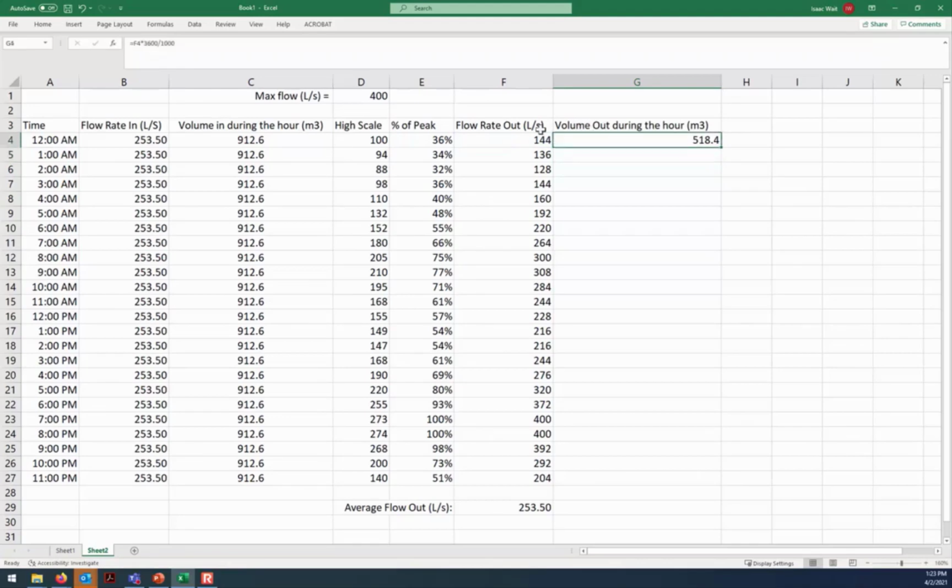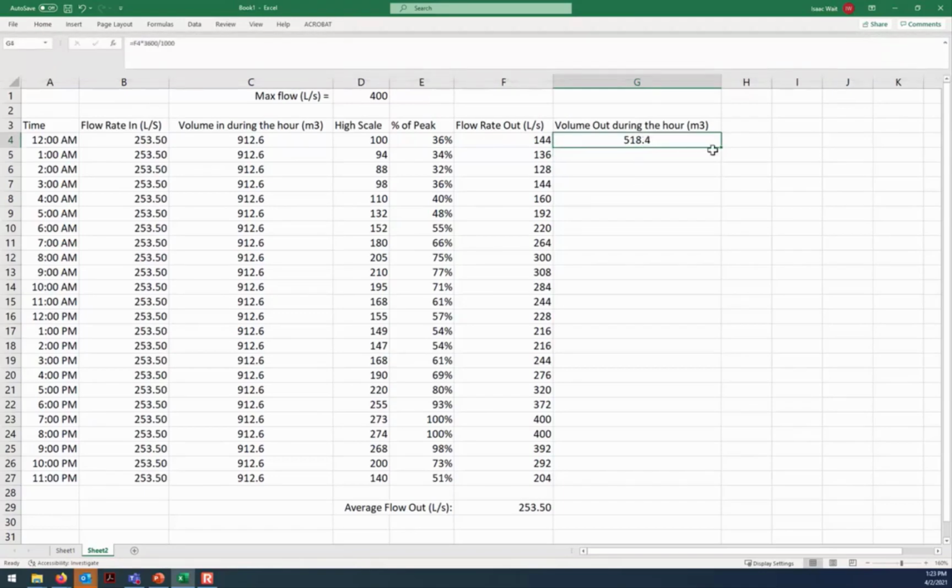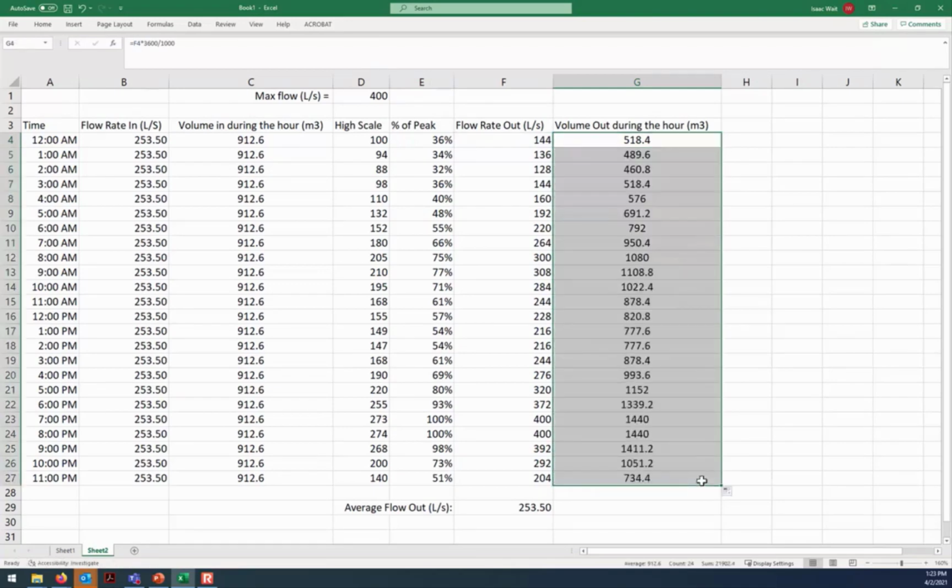That tells us how many cubic meters are flowing out of the reservoir during the 1 hour increment. And I can drag that down through, and it tells me for each hour what's happening for the flow out.